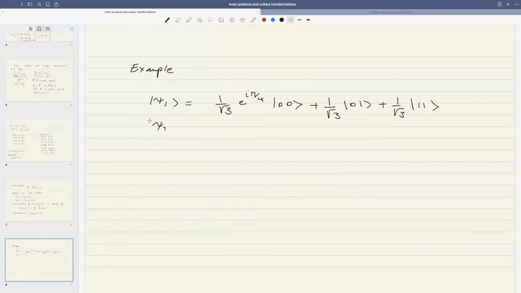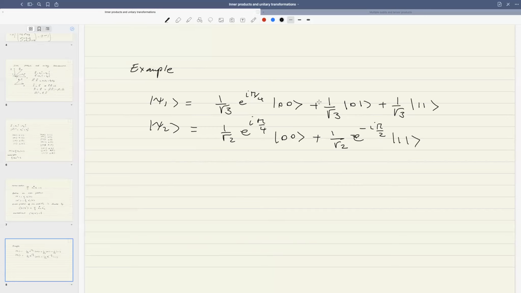And let's say I have another state, 1 over square root 2 e to the i pi over 4 times 0, 0, plus 1 over square root 2 e to the minus i pi over 2 times 1, 1.